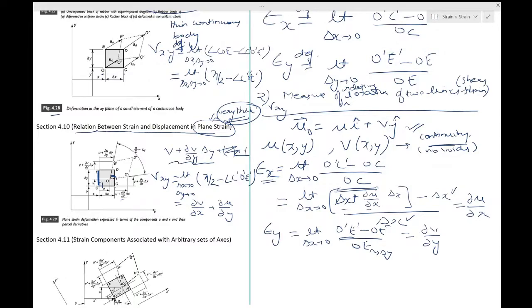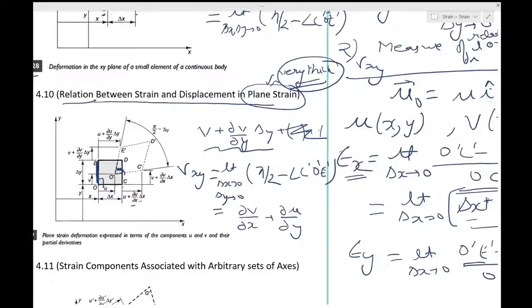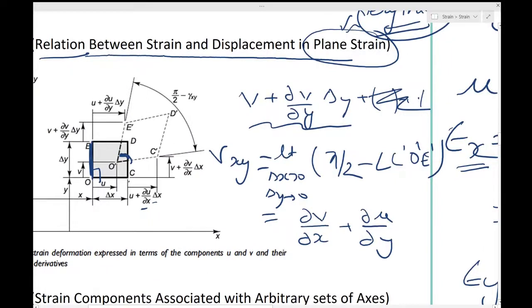So I'll just give you a hint that when you want to find this angle, what you must do is subtract from 90° this angle and this angle. Okay, so from 90°, when you subtract this angle and this angle, you will get this angle.